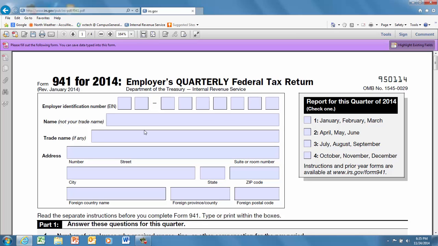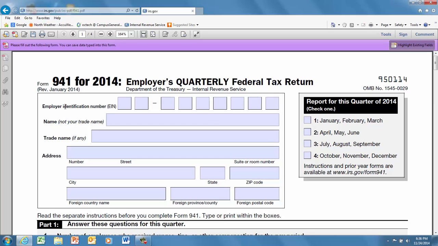And if you take a look at 3-11A and 3-12A, it talks about the information that they've already gathered to do this form.